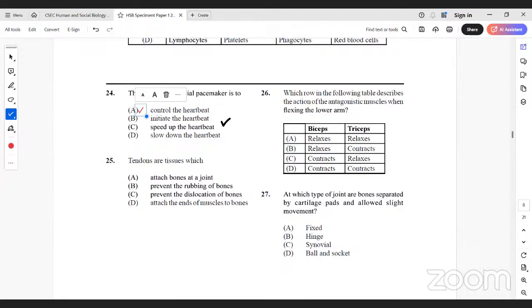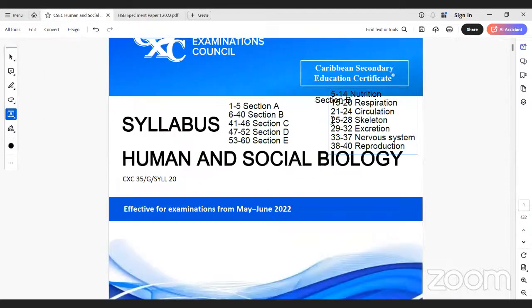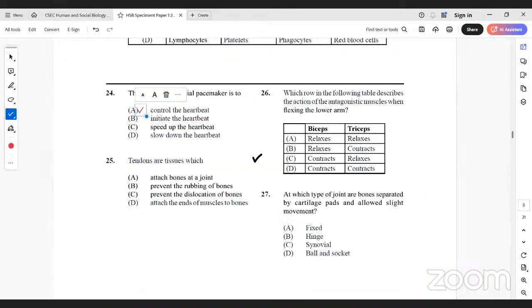I hope persons are seeing that if we reach question 24, it means we are now transitioning to the skeletal system. Questions 25 to 28, we expect questions from the human skeleton. Paper 1 is not a paper where you want to be surprised. There are no surprises for paper 1.